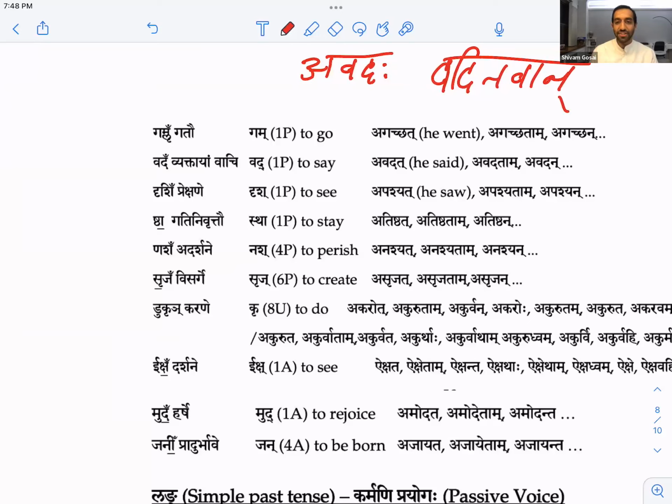Now, this doesn't give you the Madhyama Purusha sense to it. Right? This just says one who said. So I have to add the word asi to give you the sense that it's you. You are the one who has spoken in the past.